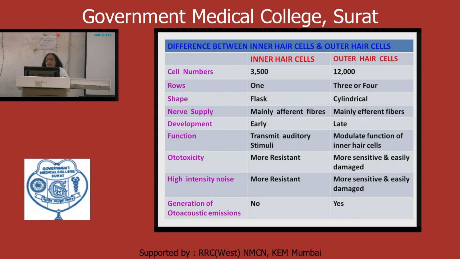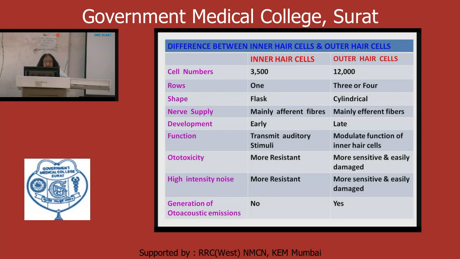The function of the outer hair cells is to modulate the function of the inner hair cells. Regarding ototoxicity, the inner hair cells are more resistant, while the outer hair cells are more sensitive and easily damaged. Regarding high intensity noise, the inner hair cells are more resistant, and the outer hair cells are more sensitive and easily damaged.